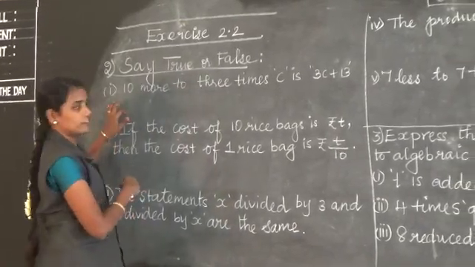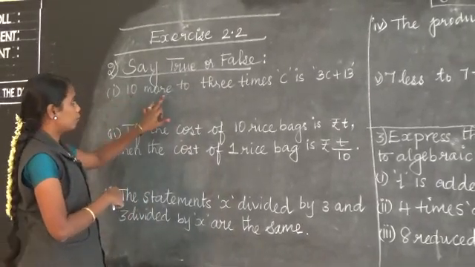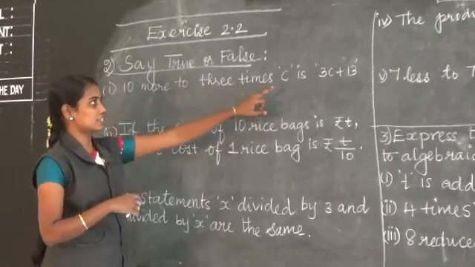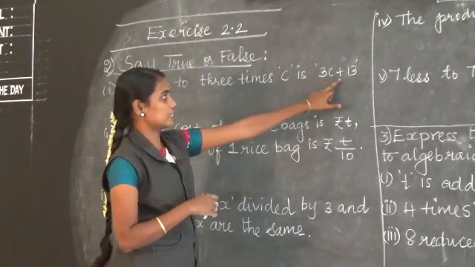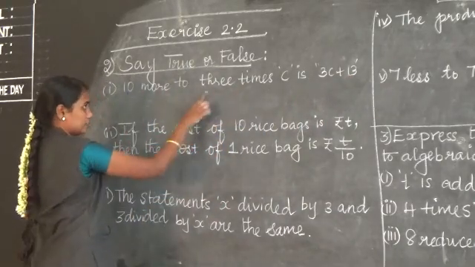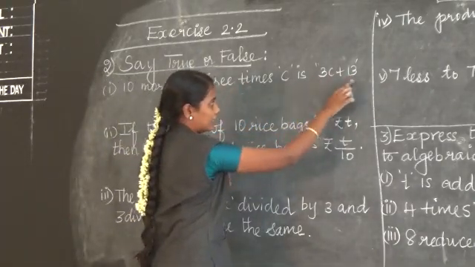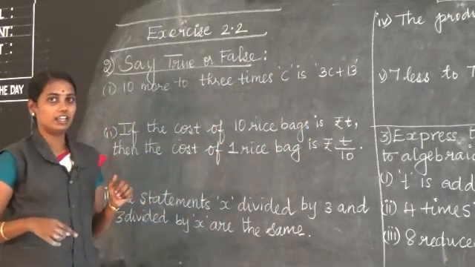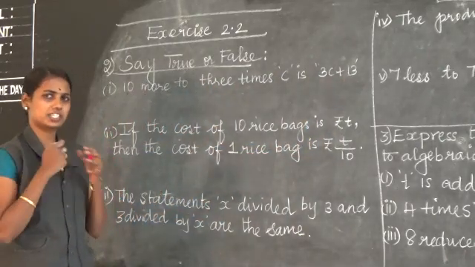Listen to me now. The first option: 10 more 2, 3 times C is 3 plus 13. Okay. So here the words are given. The answer is given in the algebraic statement. What is an algebraic statement?